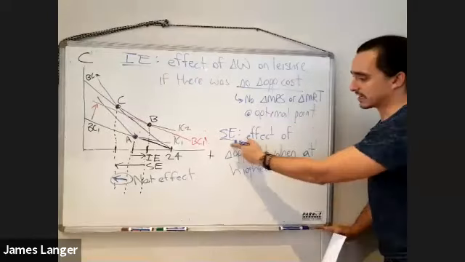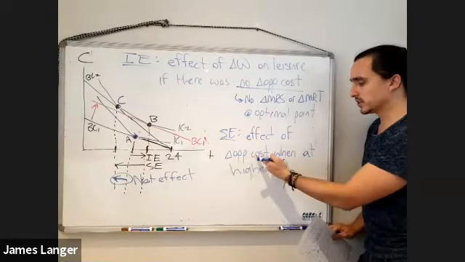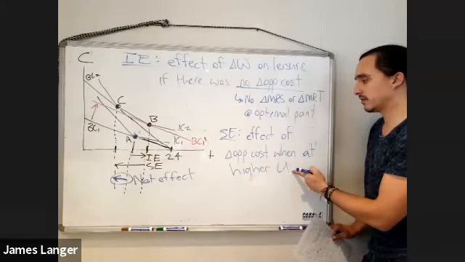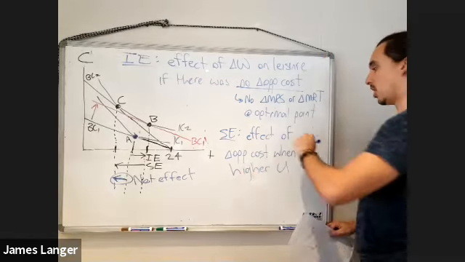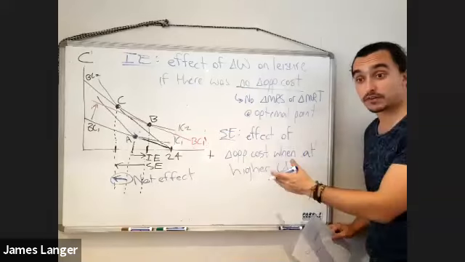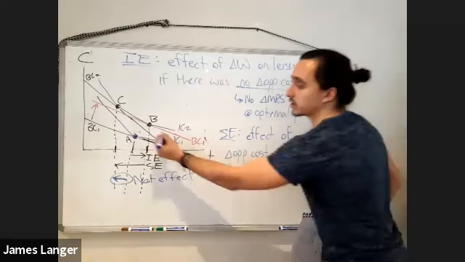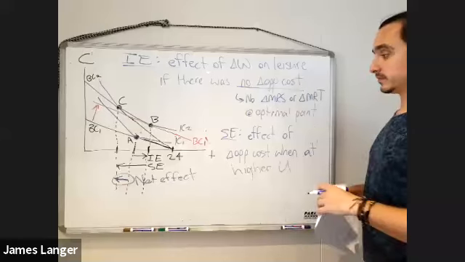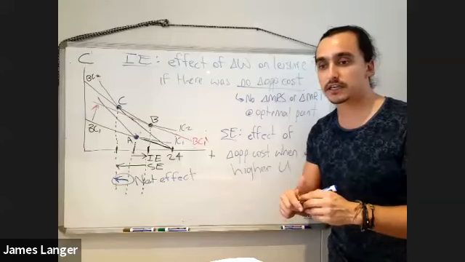So the substitution effect again is the effect of the change in the opportunity cost when at a higher utility level on leisure. So the effect that we've got on leisure caused by the change in the opportunity cost, but at the higher point. And that is the example finished.